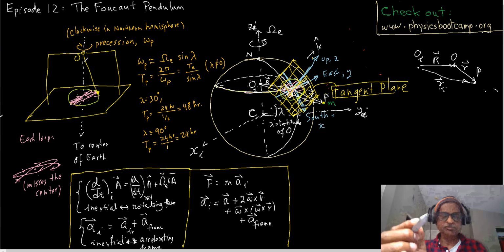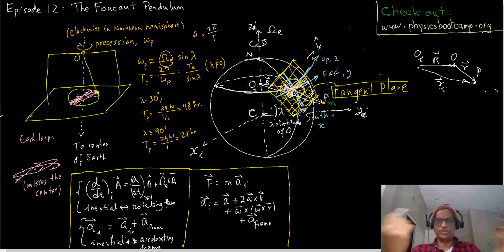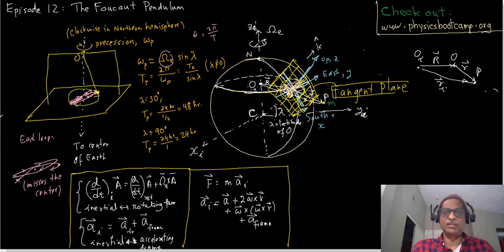Okay, so angular frequency omega is 2 pi over time period. This is the angular frequency at which the Earth is rotating about a fixed axis through the center of the Earth.